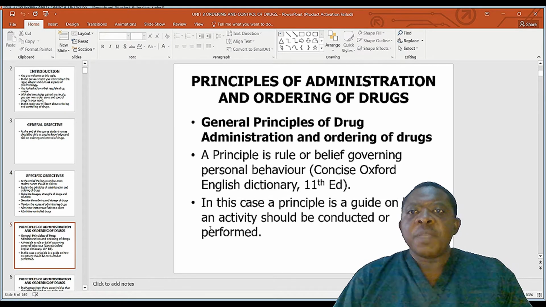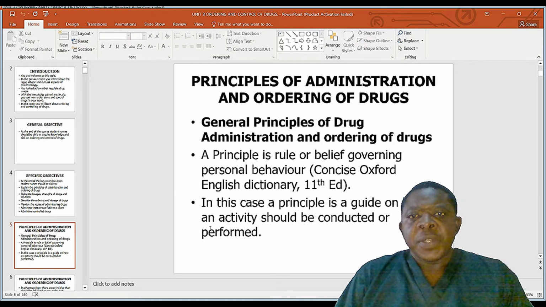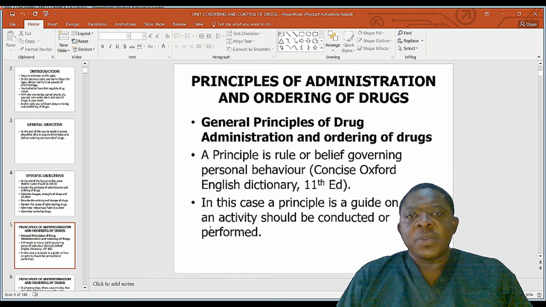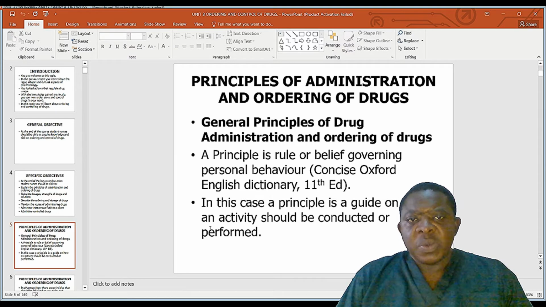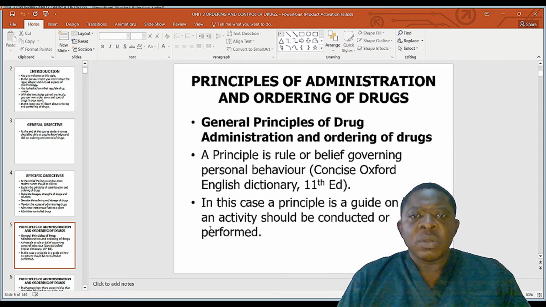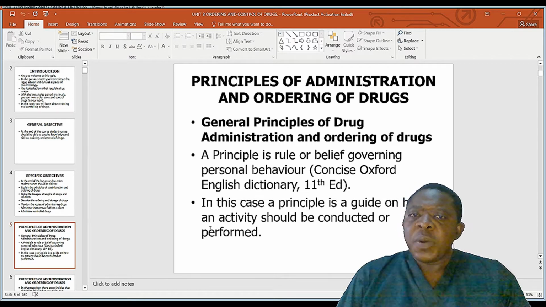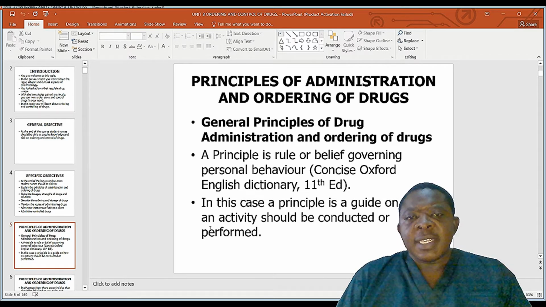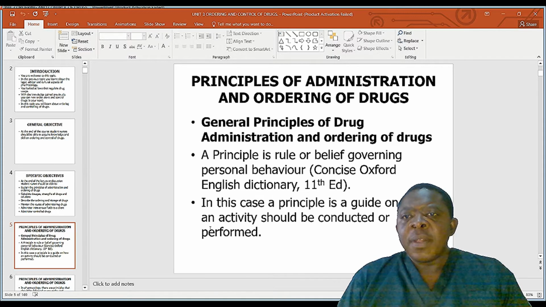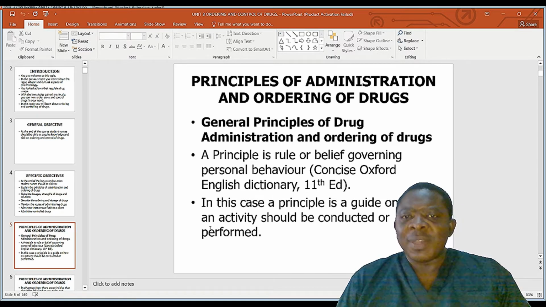So, principles of administration and ordering of drugs. When we look at this, first let's define what a principle is. A principle is a rule or a belief that governs personal behavior. This definition is from the Concise Oxford English Dictionary.